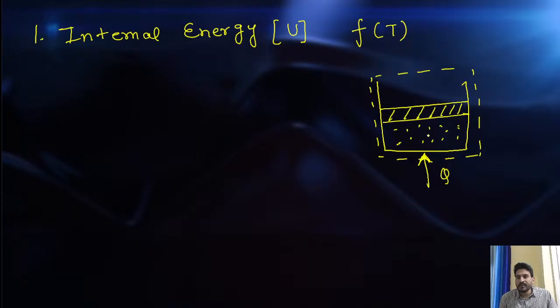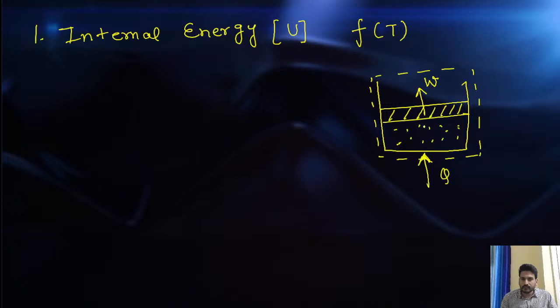By absorbing this heat, this gas is expanding and the piston is moved in this direction. If this piston is moving in this direction, it means I'm getting some work. Let's suppose I'm getting W work.